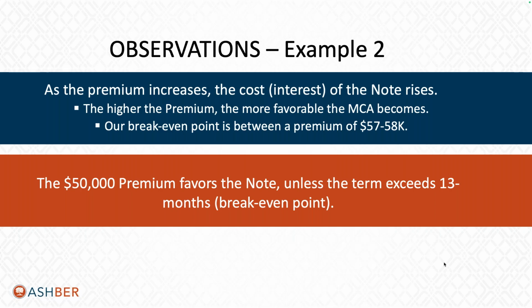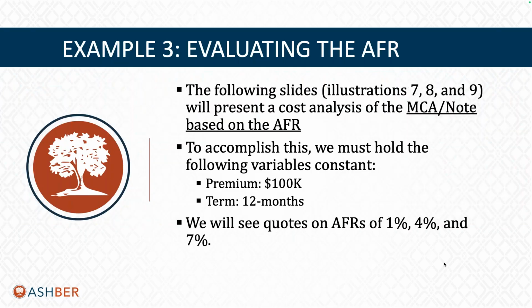So really, anytime you exceed 12 months or exceed maybe $60,000, the annuity tends to become the more appropriate vehicle in these scenarios.